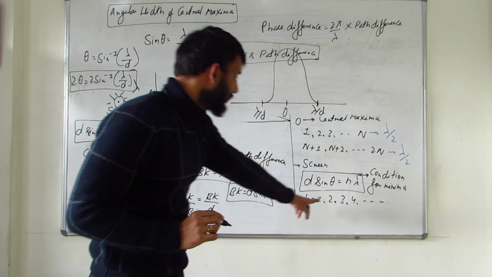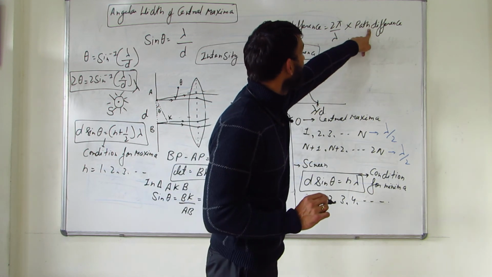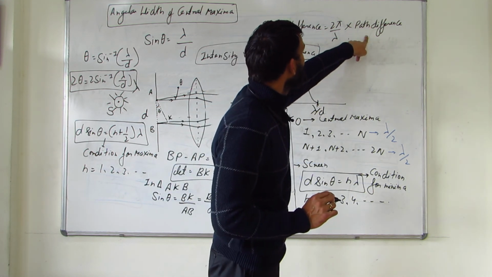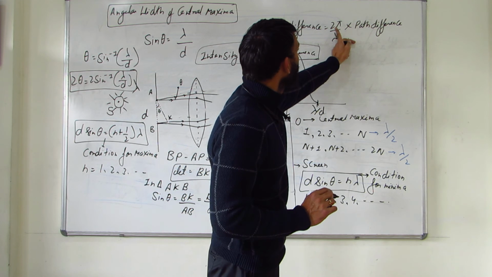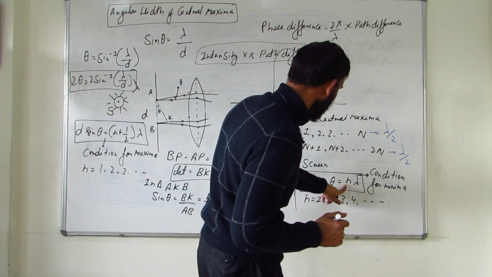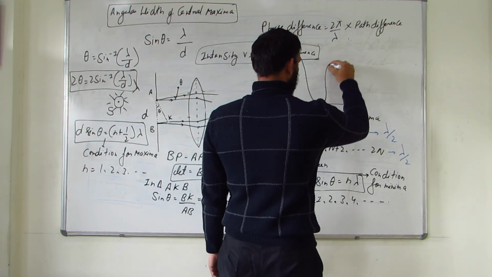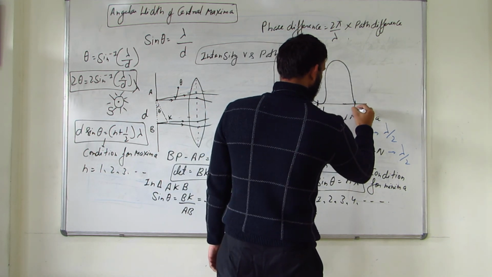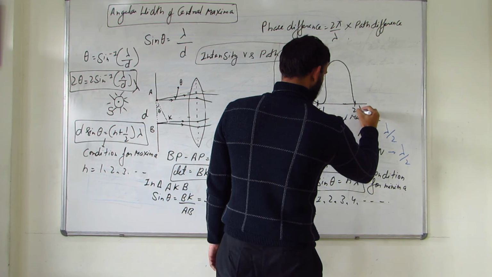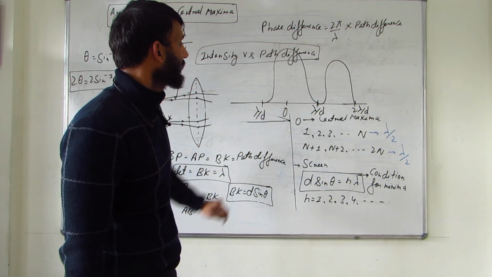Now if I put 2, so 2 lambda by d, put it here, it would be 2 pi. We are calculating with respect to path difference only, not phase difference.